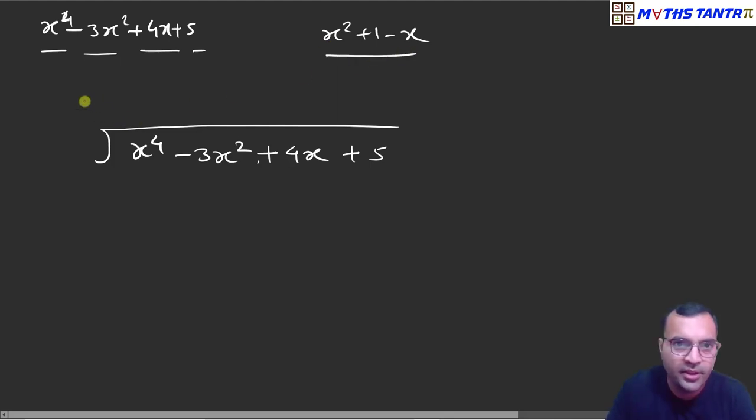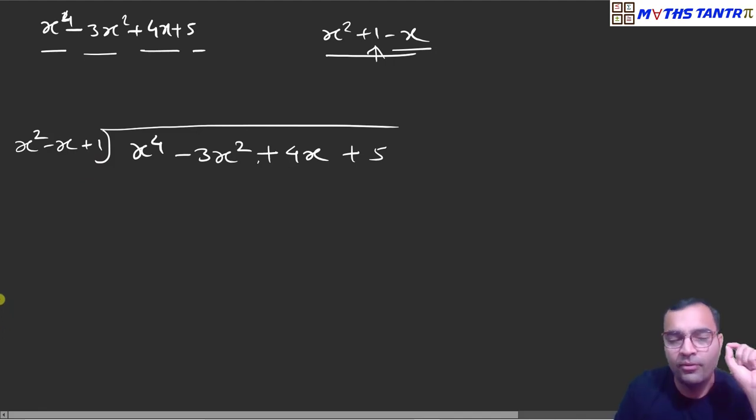The divisor should also be in descending power. First should be x square, second should be x, so it should be minus x. Third one should be your constant, right? I am writing this so that it will be easy to do the calculation properly.